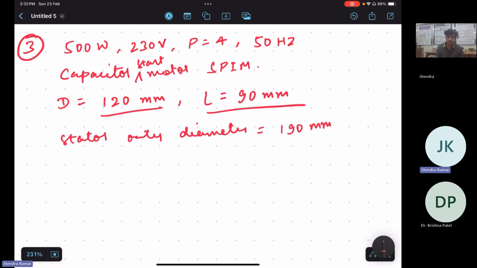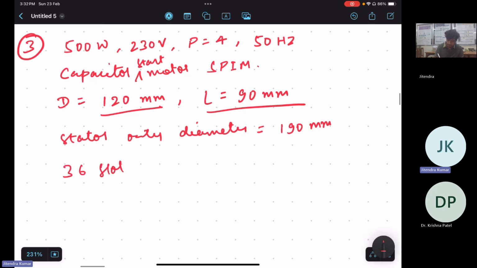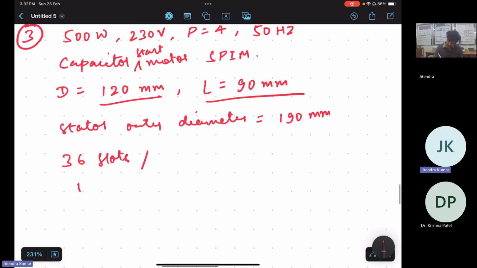Now 36 slots, and stator tooth width is given. Stator tooth width is 6 mm, and slot depth is equal to 20 mm.